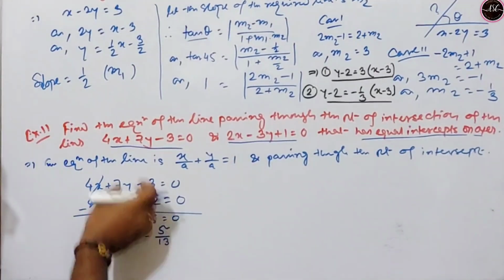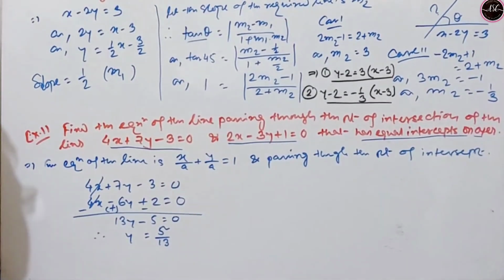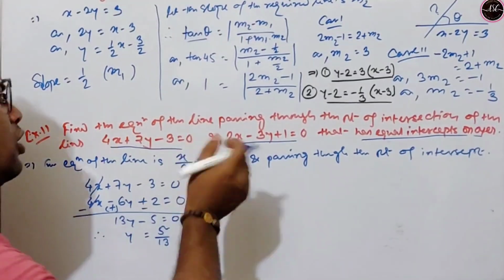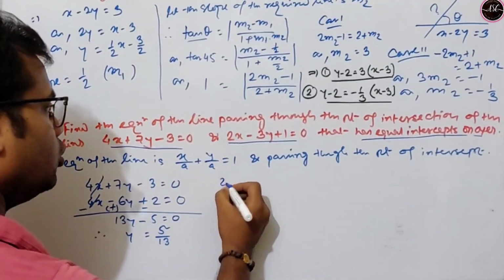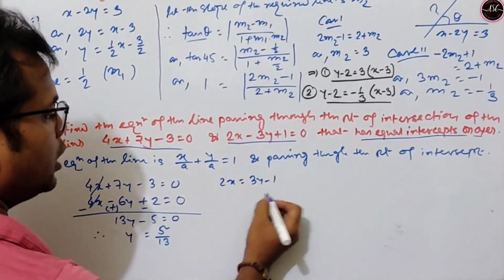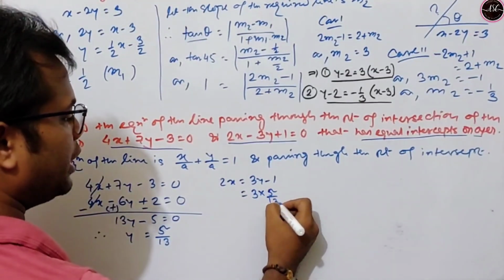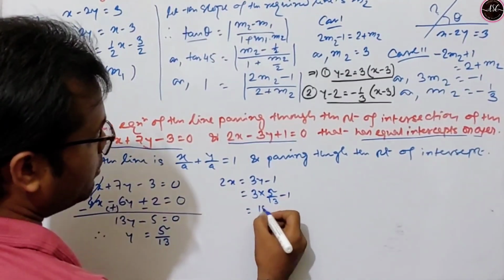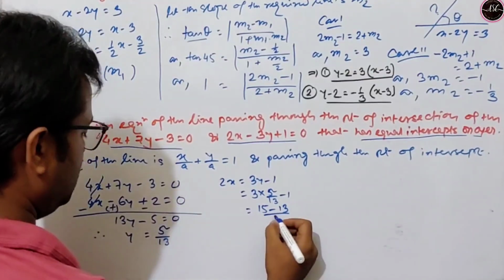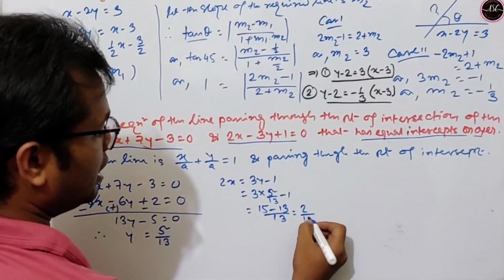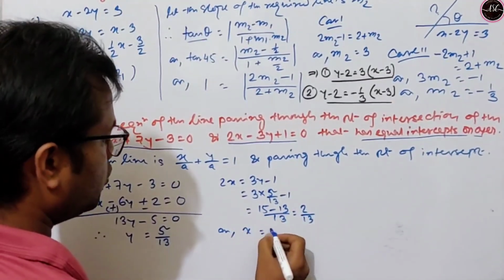So now putting the value of y in equation 1 or 2, I put here in 2, 2x equal to 3y minus 1, or 3 into 5 by 13 minus 1. So we get 15 minus 13 by 13, that means 2 by 13, or x equal to 1 by 13.